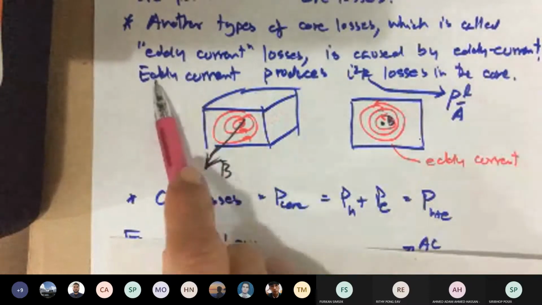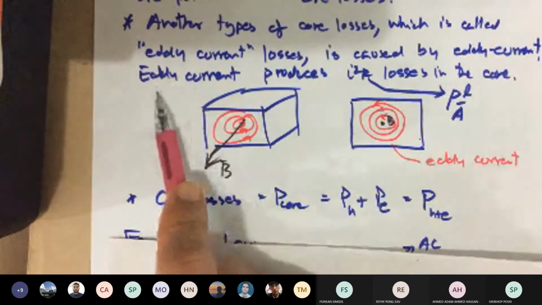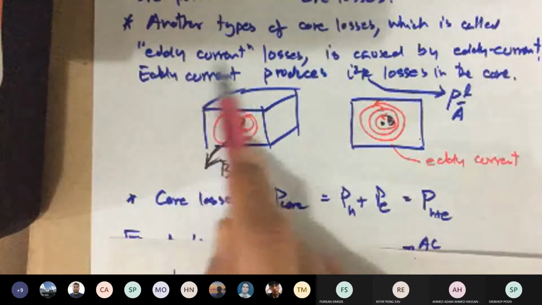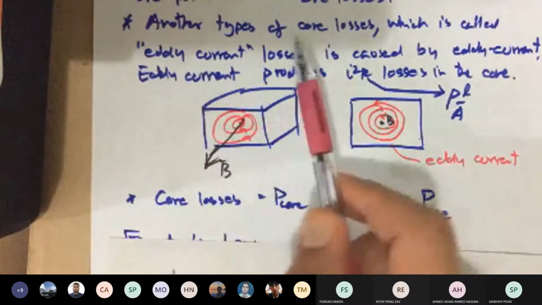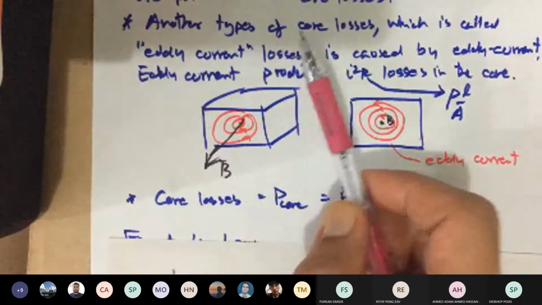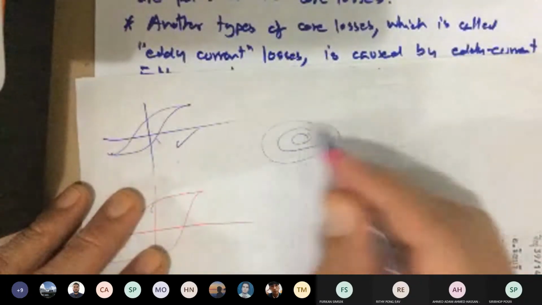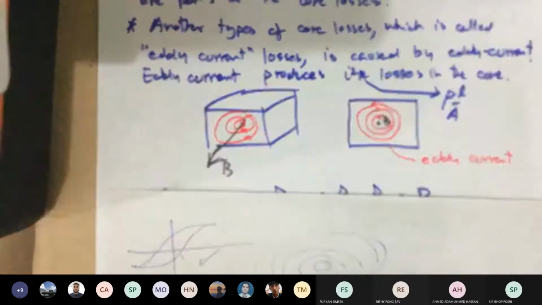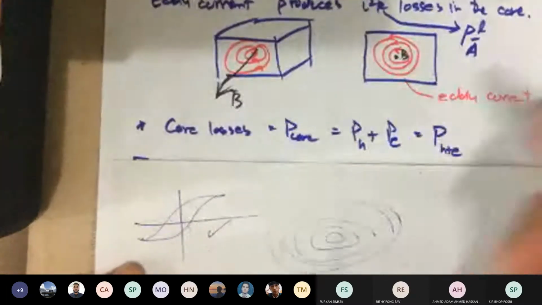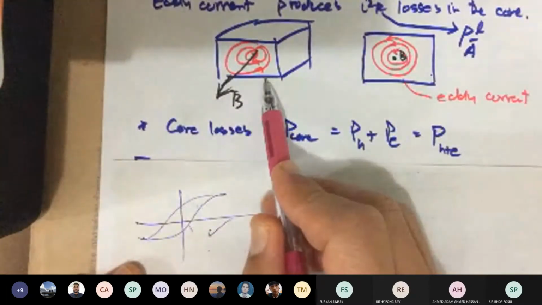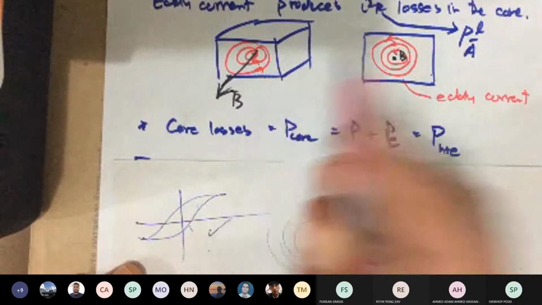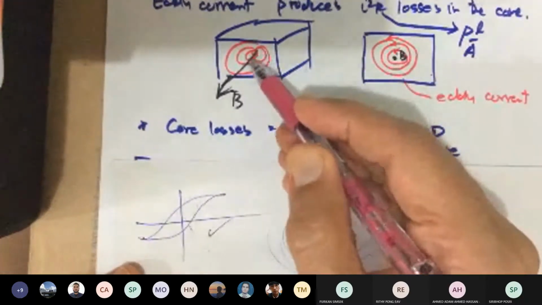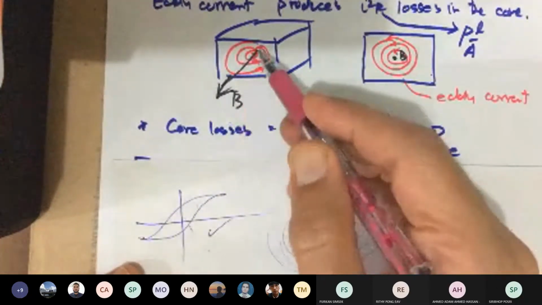Okay, what is eddy current? Eddy is like a looping thing, like when you throw a stone into the water and get a ripple effect. So this is called an eddy. I'm showing you here a block of core, a cube of core, with a magnetic field or magnetic flux coming out.